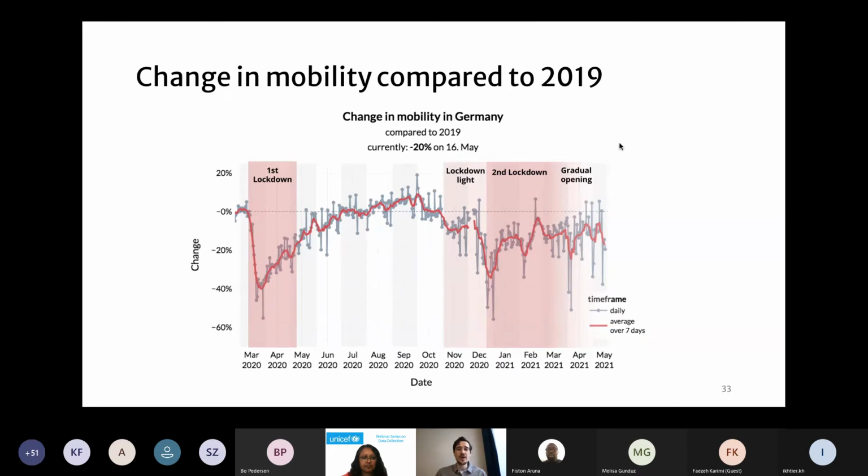So what we wanted to do is compare it to a baseline to see what would be normal. And what we did is we compared it to 2019, always to the average number of trips on the same weekday in the same month.